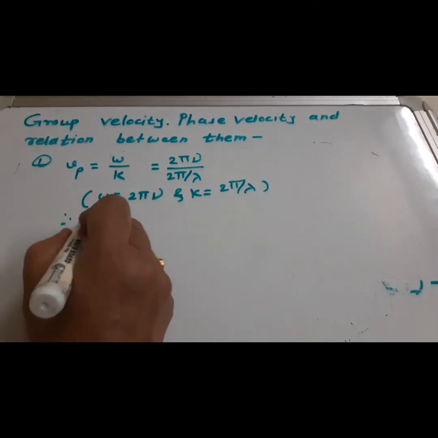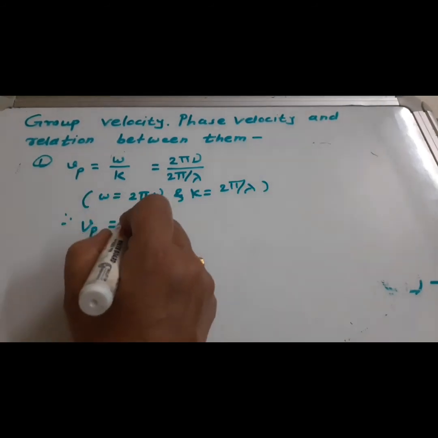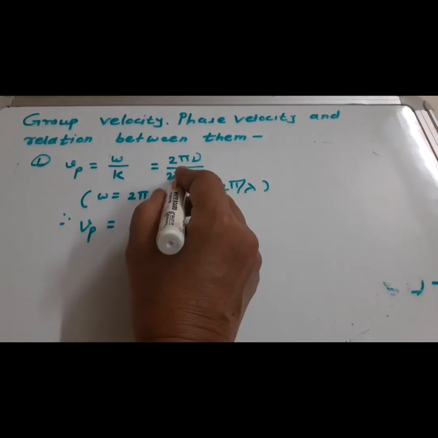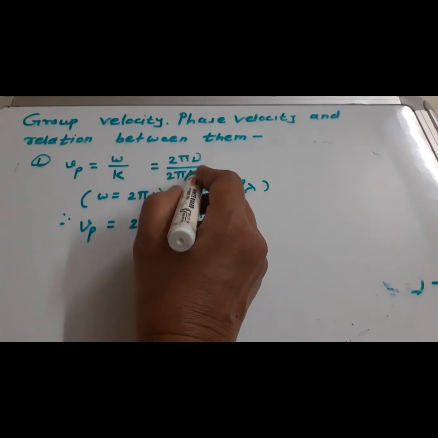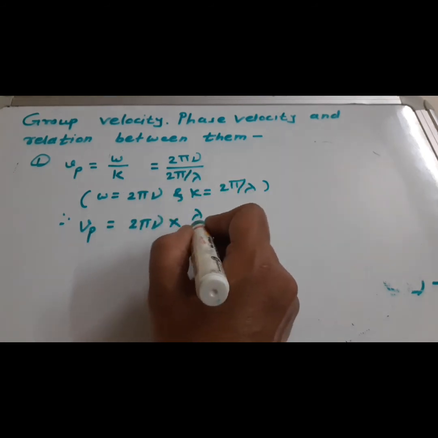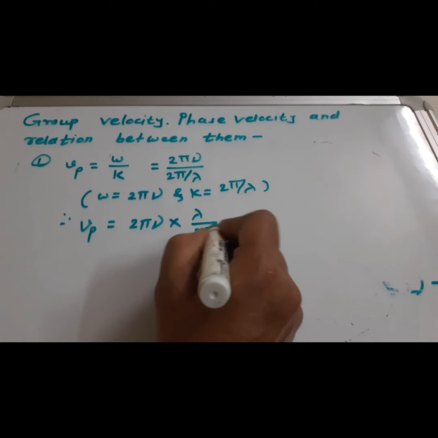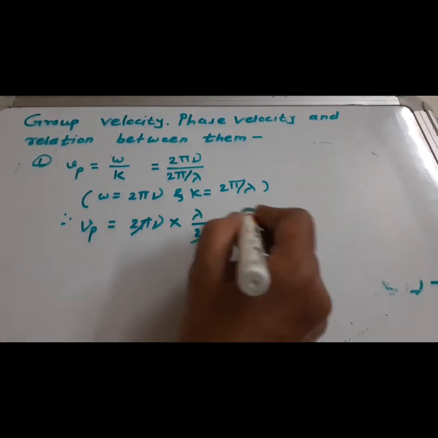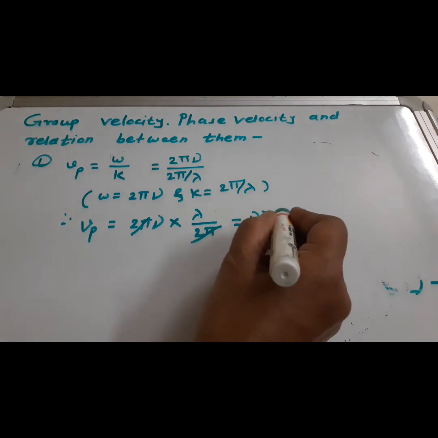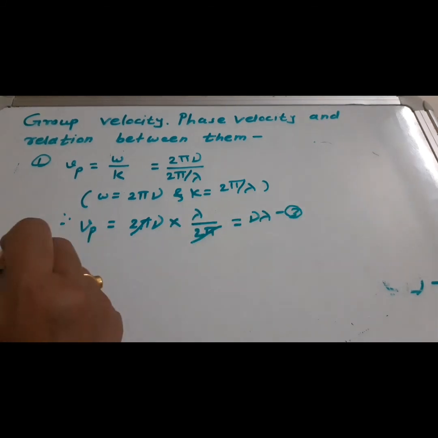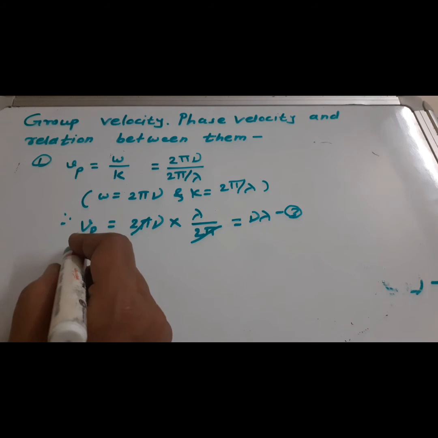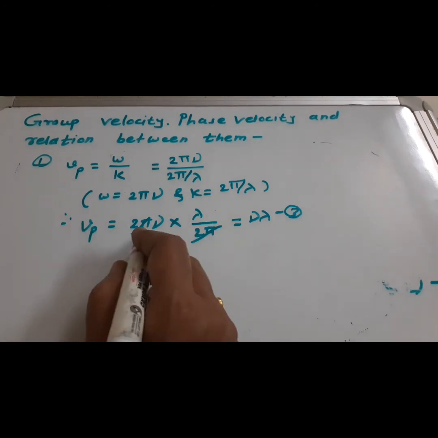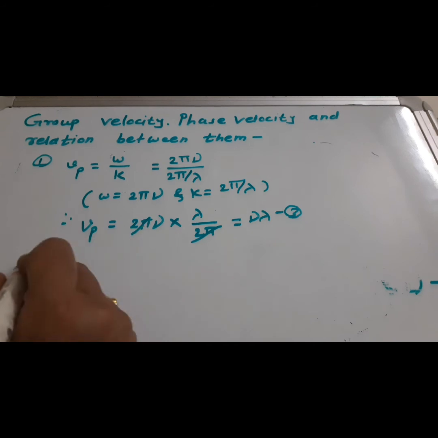Therefore Vp is equal to 2 pi nu into lambda by 2 pi. The 2 pi cancel, and therefore Vp is equal to nu lambda. This is equation 3. This equation shows the phase velocity, also called the wave velocity.